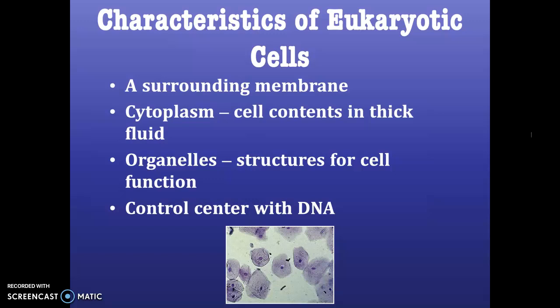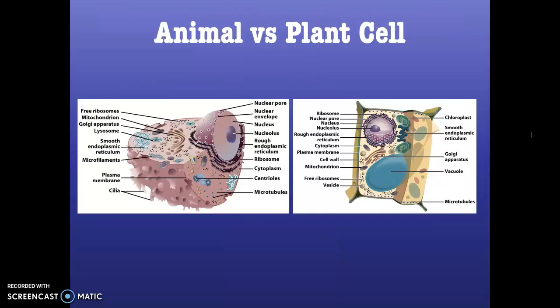So those are the primary characteristics of a eukaryotic cell. As we mentioned in the previous class, prokaryotic cells do not have organelles or a nucleus. They do have a membrane, they are filled with cytoplasm, but the genetic material just floats around in that cytoplasm and has a particular shape.